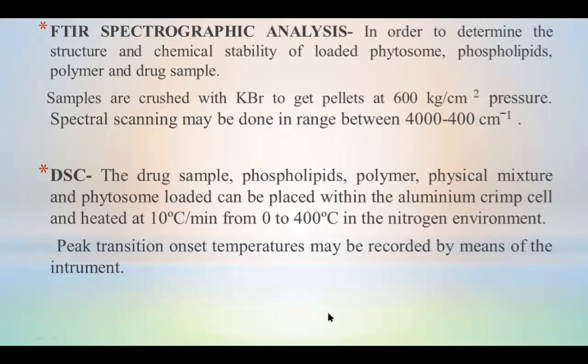Differential scanning calorimetry. The drug sample, phospholipids, polymer, physical mixtures, and loaded phytosome can be placed within an aluminum crimp cell and heated at 10 degrees Celsius per minute from 0 to 400 degrees Celsius in a nitrogen environment. Peak transition onset temperatures may be recorded by means of the instrument.